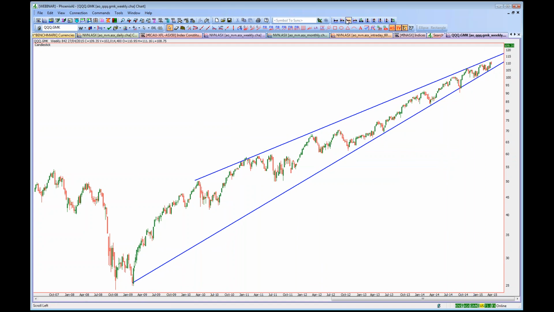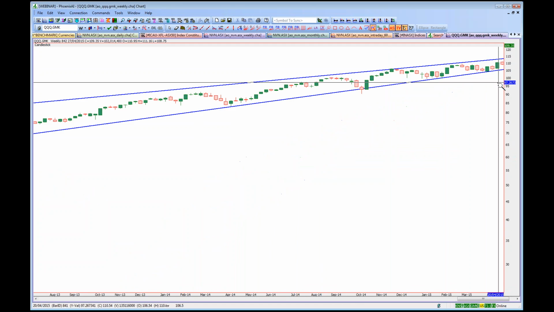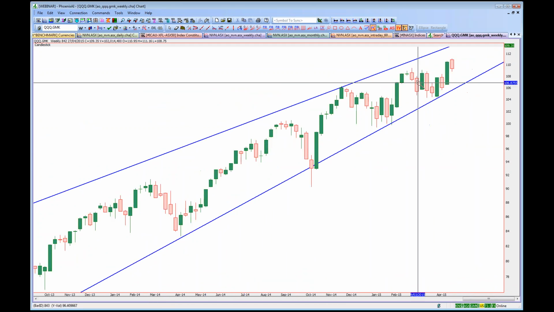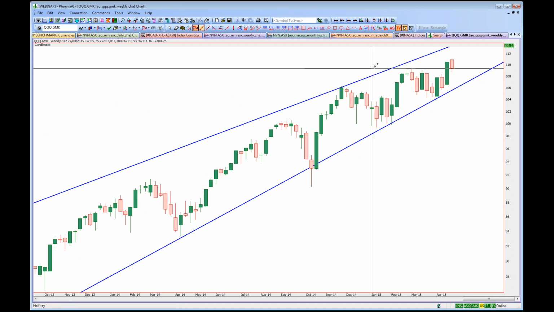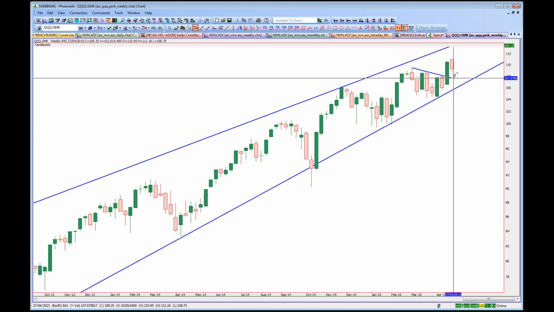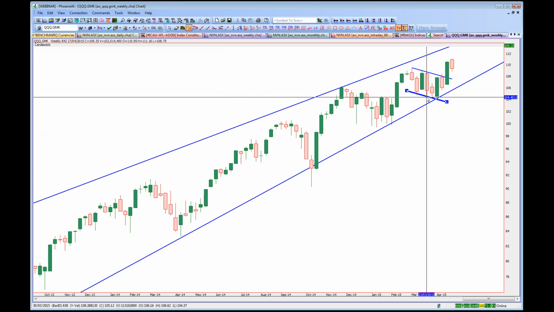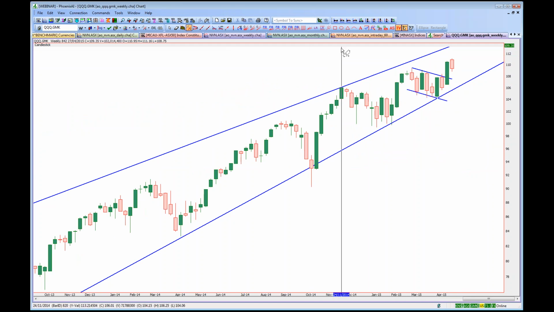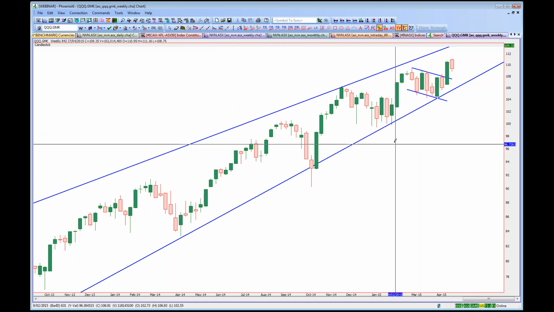Maybe I should expand this in here, see it a bit better, and take auto size off. That's a bit better, we can see. Clone. Not the best flag, however, it's still a flag.